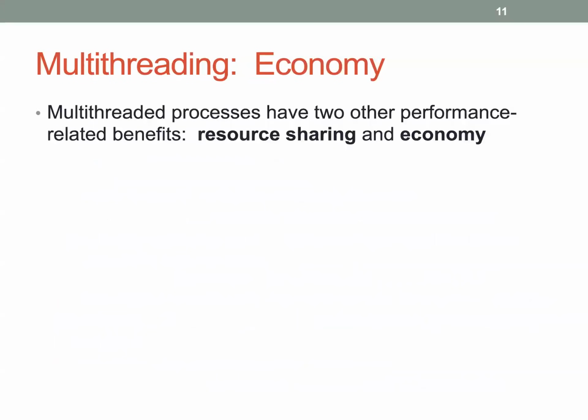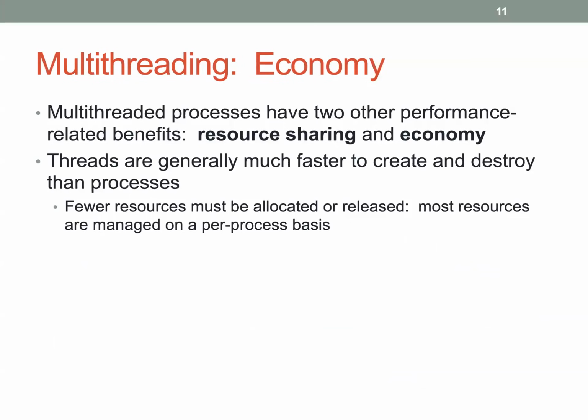All right, let's see. Oh yeah, so another couple of benefits that you get from multi-threading are these things called resource sharing and economy. Now you might say, what in the world does resource sharing and economy have to do with multi-threading? That seems to make no sense. But if you understand what's meant by these terms, it starts to make a lot of sense.